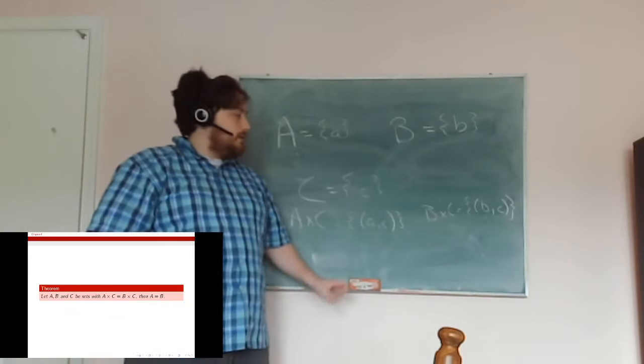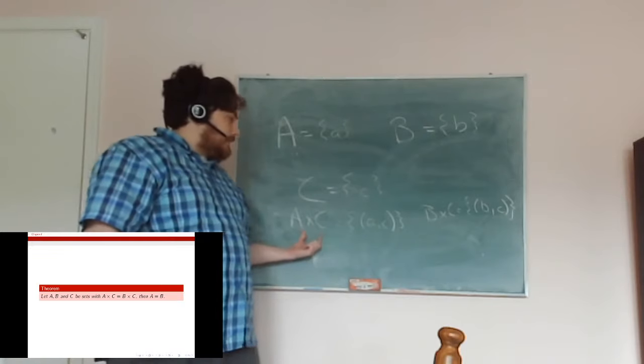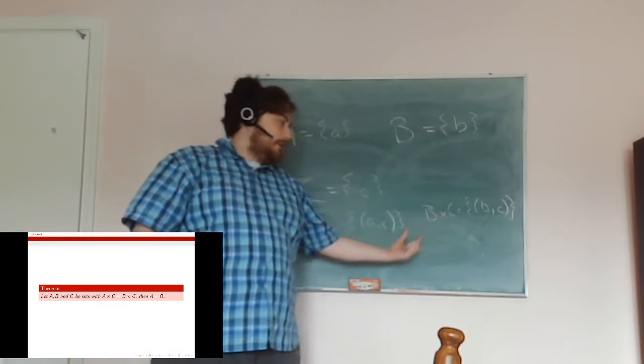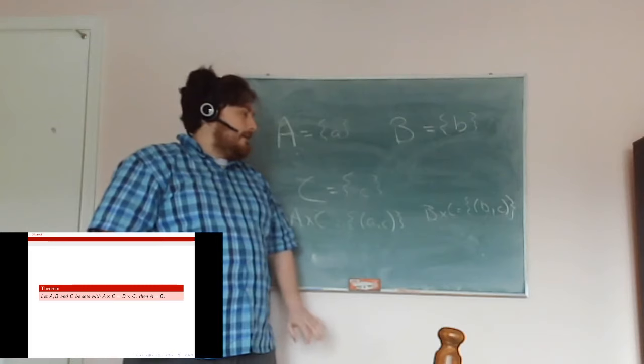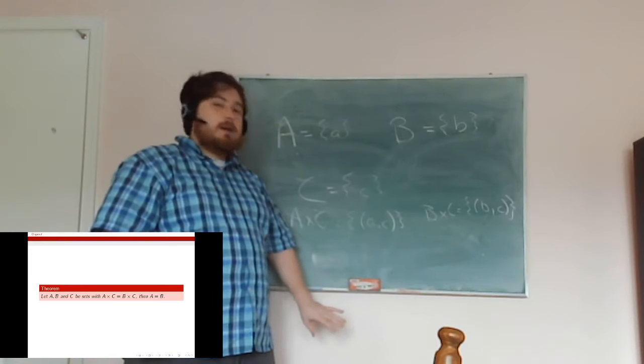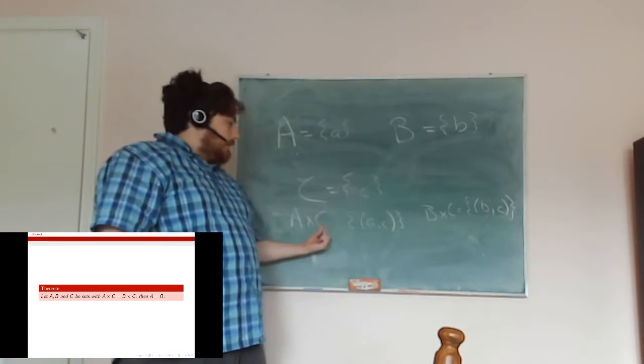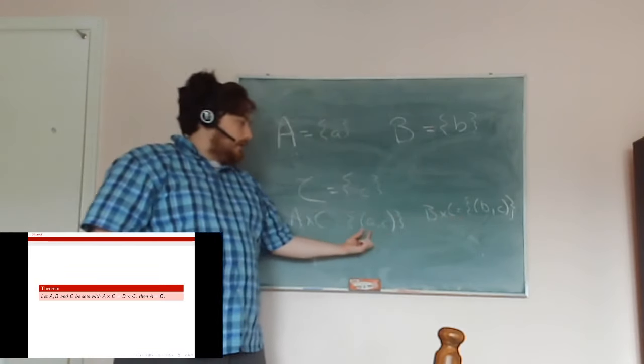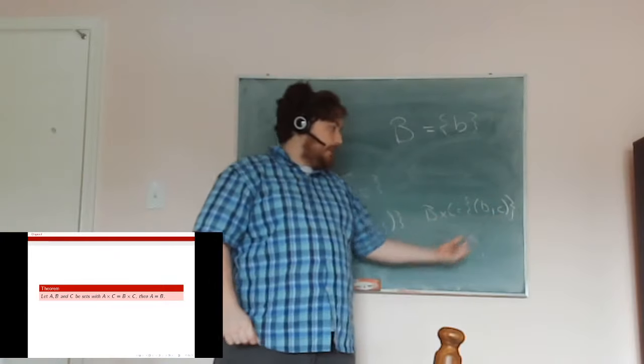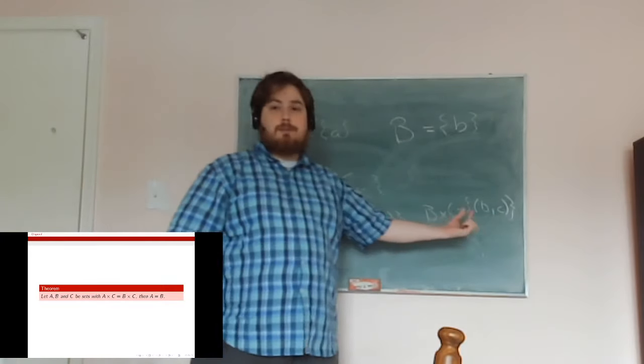Now the idea here is that what we want to assume is that A cross C is equal to B cross C. And so I'm just going to think, well, what would have to happen in order for these two to be equal? Well, in order for these two to be equal, I'd have to have ac is equal to bc, therefore a is equal to b.